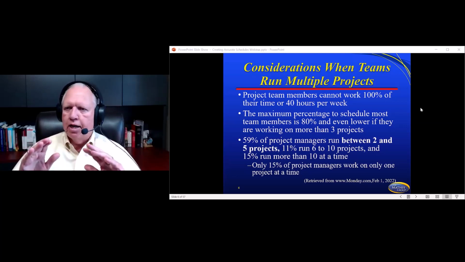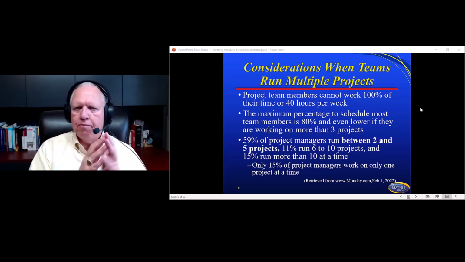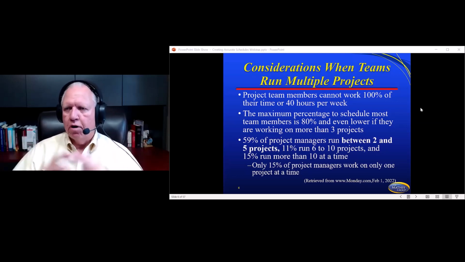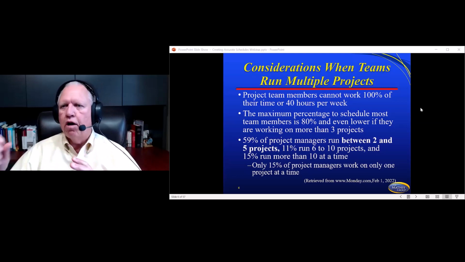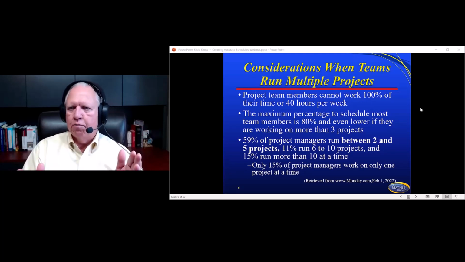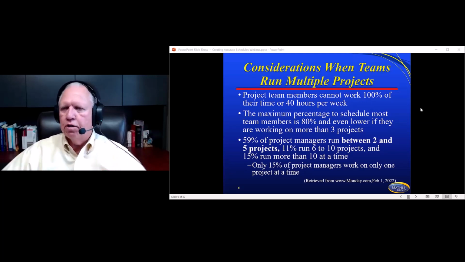That changes the dynamics of scheduling too, because think about it. You that are project managers, if there's going to be a crisis someplace on some project, it's going to pull that worker off if they have any experience at all. And so I've got to plan into my schedule for any project I've got them working on, the anticipation I'm going to lose them periodically for a crisis, maybe not on our project, but they're going to be working on a crisis with somebody else's project.